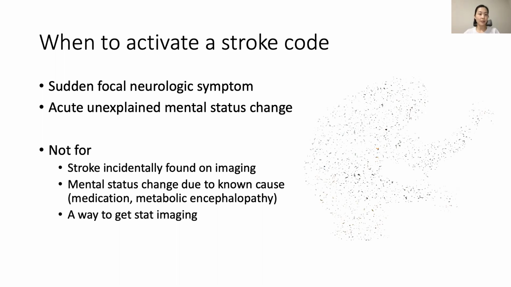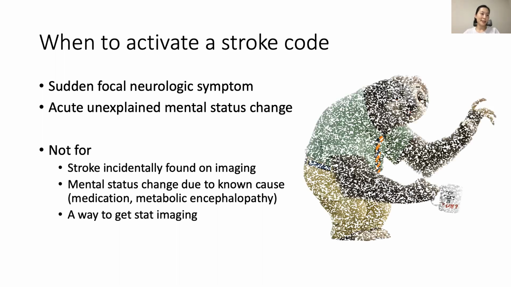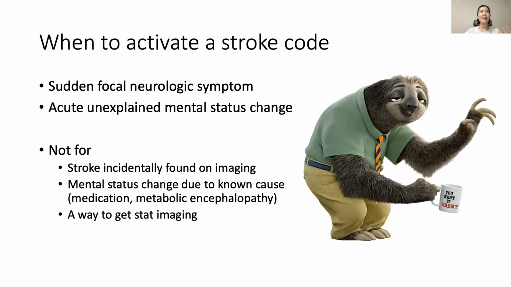So when should we activate a stroke code? Whenever there is any sudden focal neurologic symptom or any acute unexplained mental status change, go ahead and call that stroke code as quickly as possible. Stroke codes are specifically not for incidental finding of a stroke on imaging or change in mental status due to a known cause.